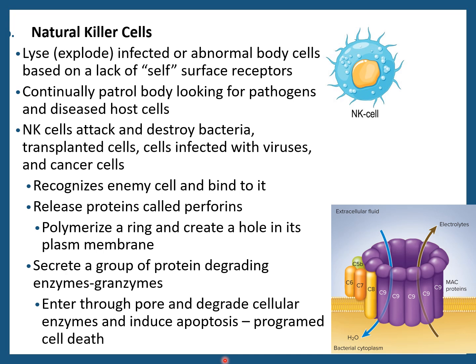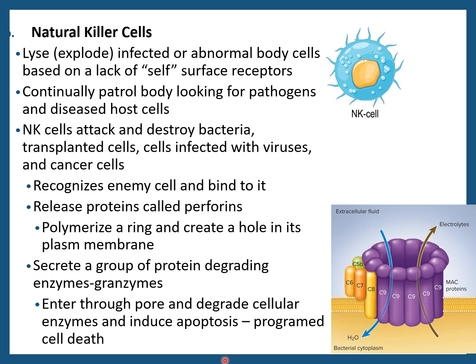These are the ones that find the transplanted cells or cells that are infected with viruses and are cancer cells. So once they recognize one of these now enemy cells and bind to it, they will release proteins that are called perforins. And these perforins will polymerize and form a ring.